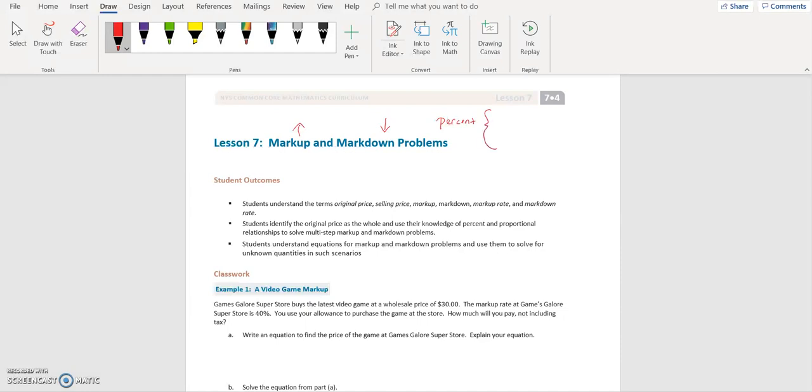And remember, this is just one way to do it, but it's the way we are going to concentrate on doing it. So we take our original and we add the markup, and that is going to give us our sale price. And then remember, this is a percent.